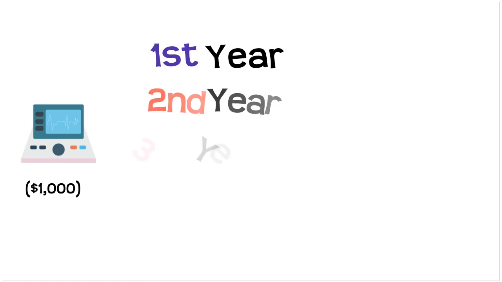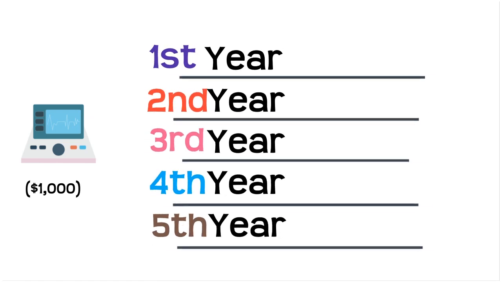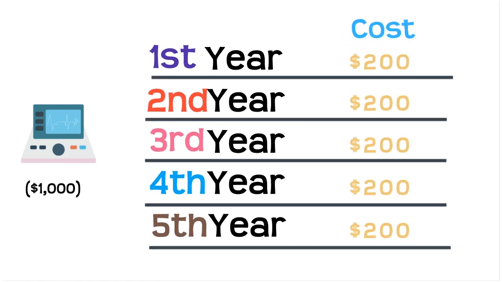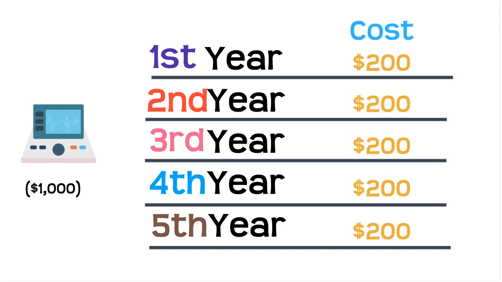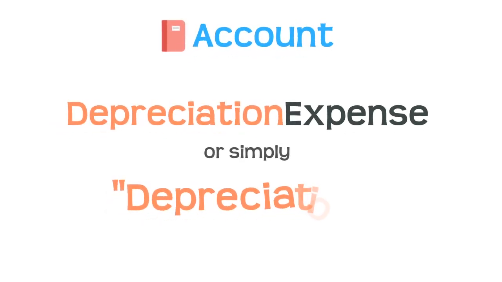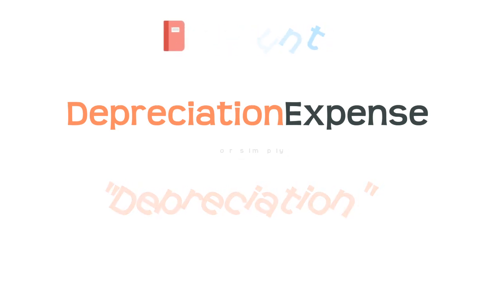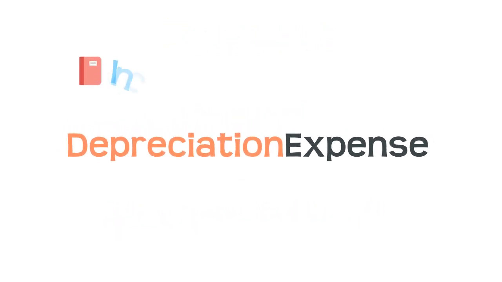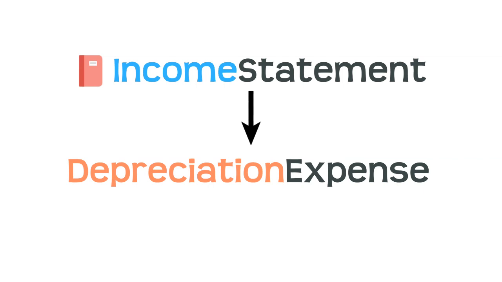This means each year's revenue should receive an equivalent of $200 share from the cost of the equipment. Make sense? The account depreciation expense, or simply depreciation, is used to record the amount of depreciation that is to be recorded in the income statement.